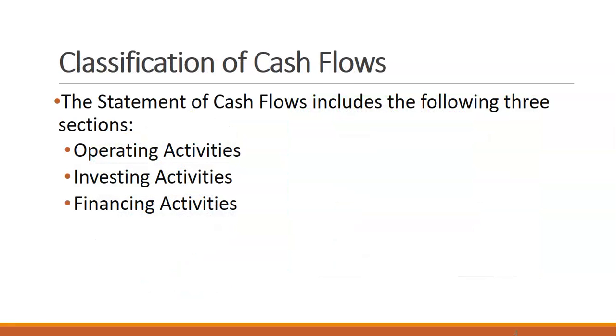When we are creating a statement of cash flows, we have three sections. The operating activities. Operating activities are how we operate on a daily basis, the things that we do to run our business. Investing activities. This is where we as a company invest our money. Sometimes this is a hard thing to think about when we think about investing as a personal thing.